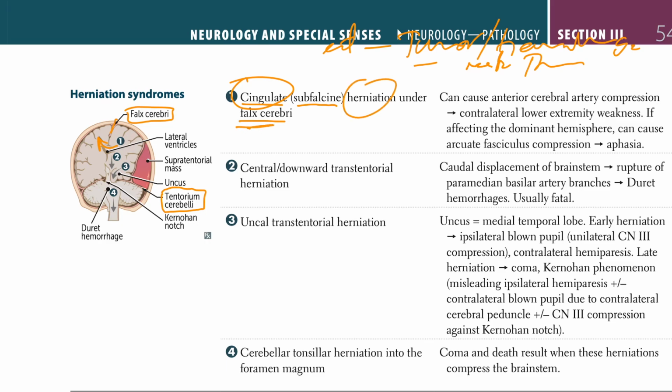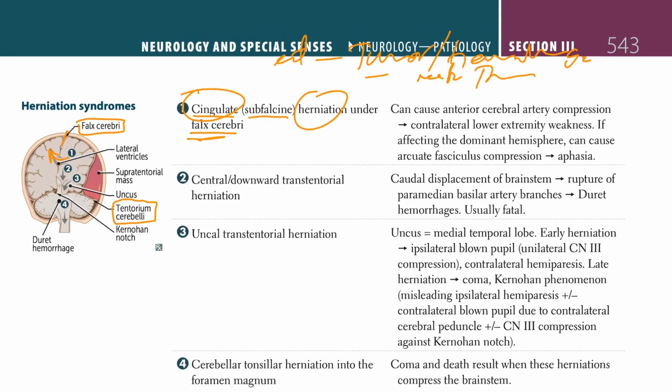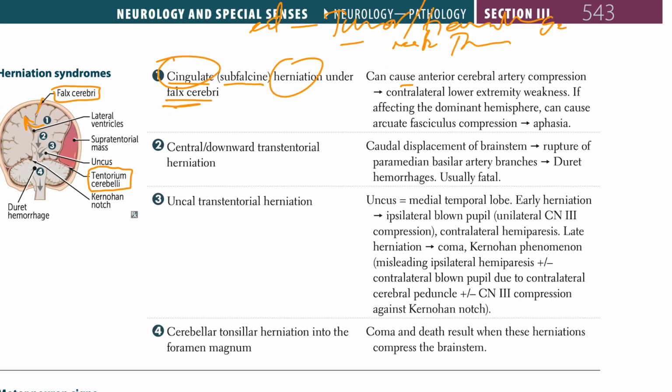And what is it going to cause? Well, it is going to cause ACA compression, anterior cerebral artery compression. So if you think about it, when you have ACA compression, that's going to cause contralateral lower extremity weakness, for sure, sensory and motor, right? If affecting the dominant hemisphere, it can cause arcuate fasciculus compression, which leads to aphasia.